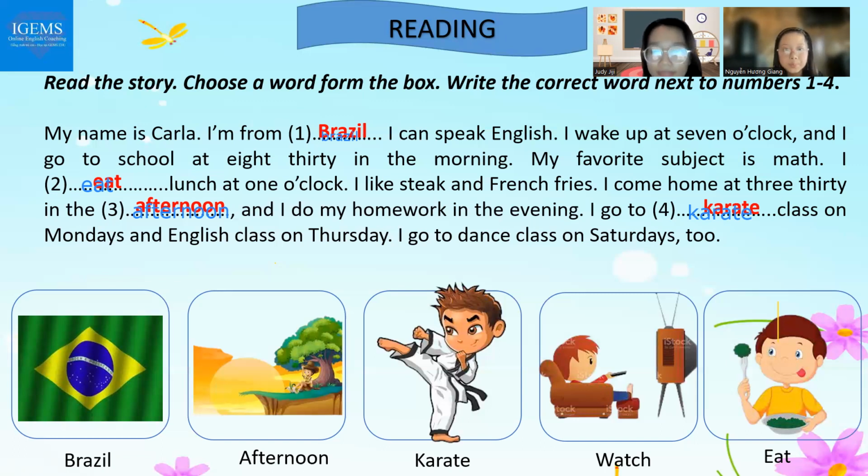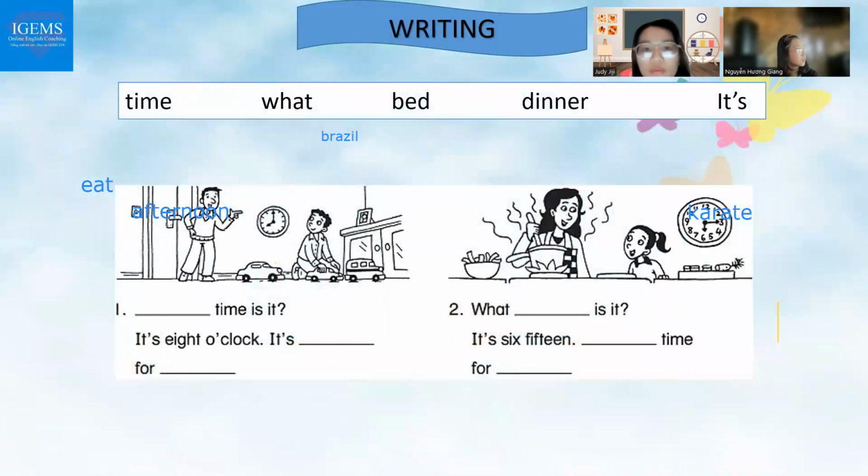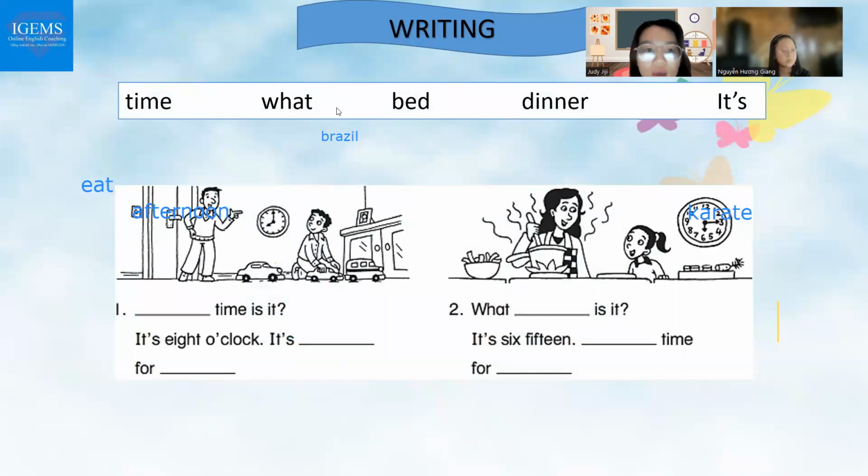Okay. Now we move on to writing. You have some words in the box: time, what, bed, dinner, and eat. Okay, you need to look at the picture.